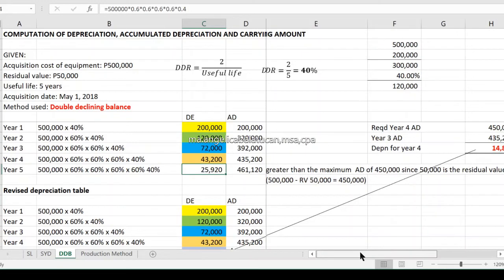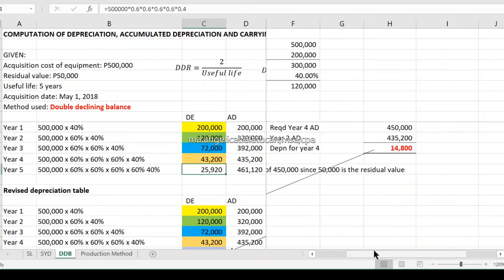Okay, so to get the depreciation for year 5, this is how you will do it. You have year 5 accumulated depreciation. The year 5 accumulated depreciation should be 450,000, so that what remains is the 50,000 residual value.